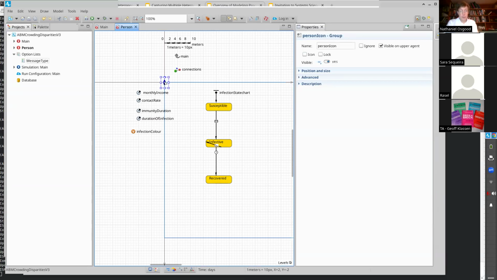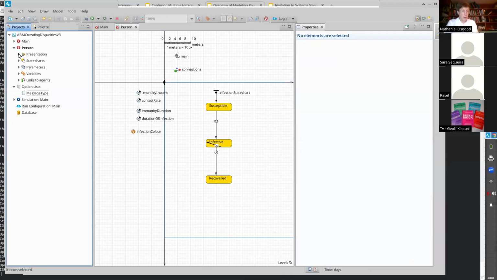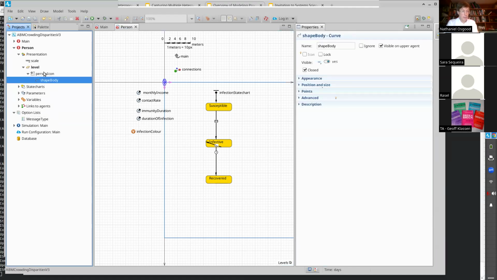Now, you can do this visually, particularly if you zoom in, but I find it easier to go over here under person and presentation and under level and person icon. There's a shape body.